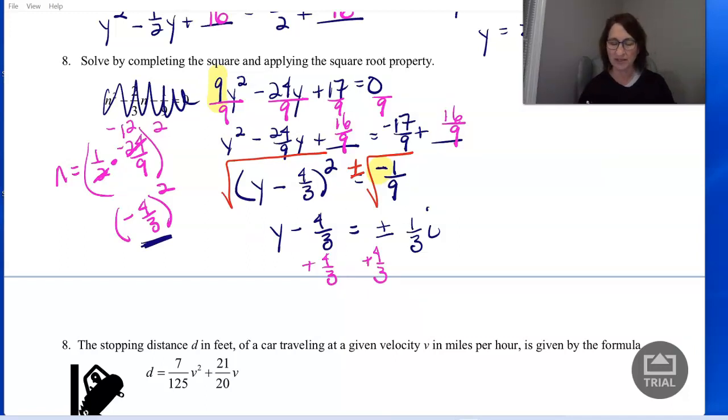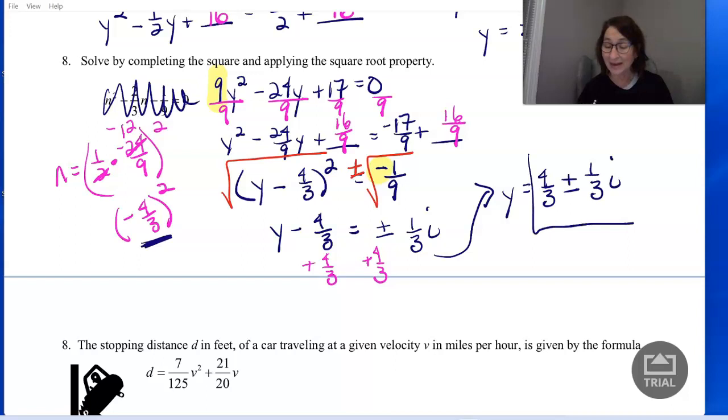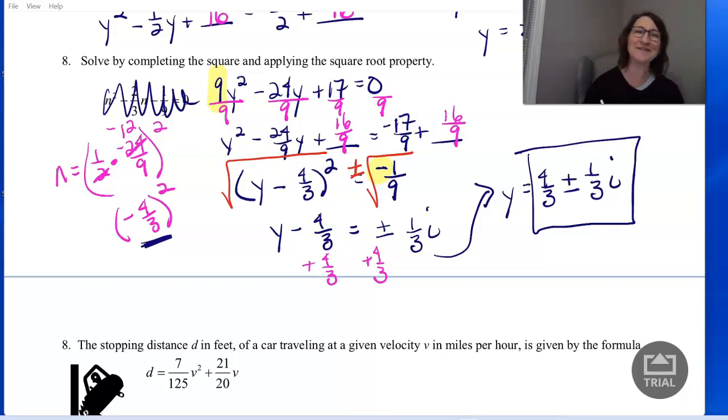So as my final answer, y equals 4/3 plus or minus 1/3 i. That is my exact answer, and my exact answer is an imaginary number. Well, that's pretty cool. Pretty sure there's one like that on homework.